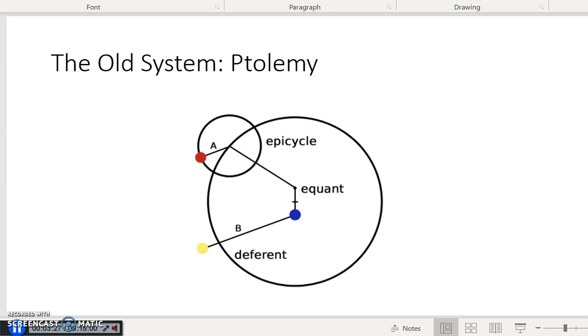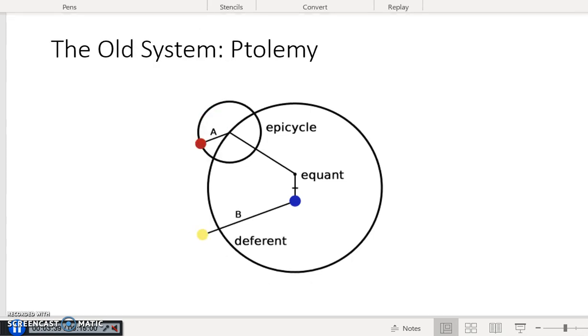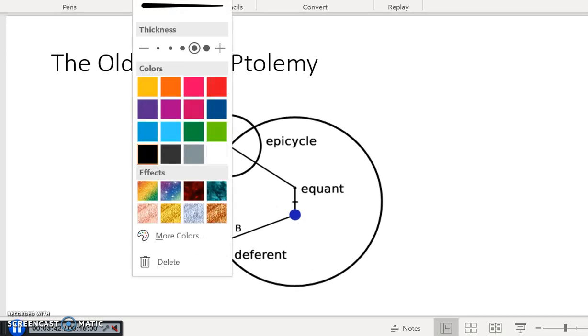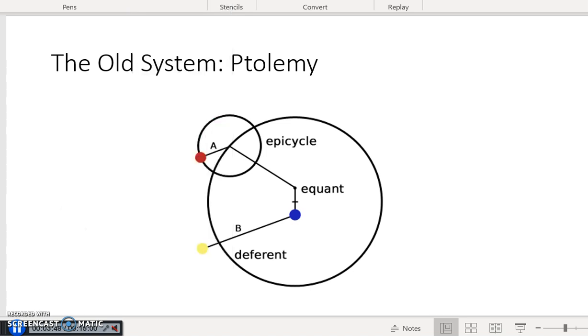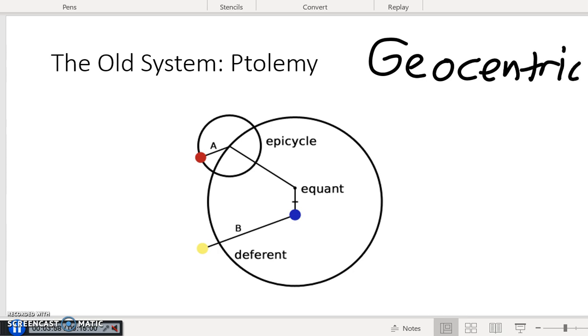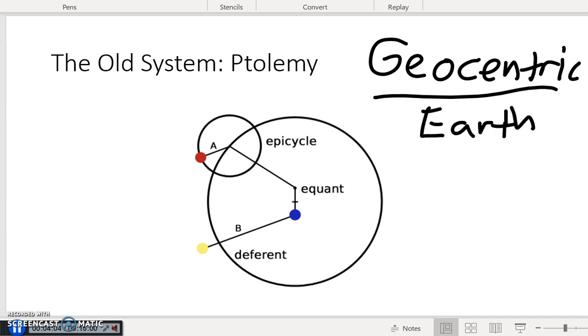So in the old system, the geocentric system, I really should put geocentric here, geocentric means Earth-centered.